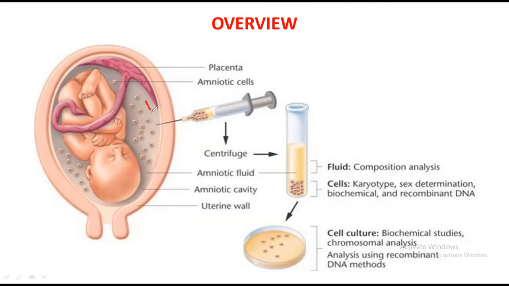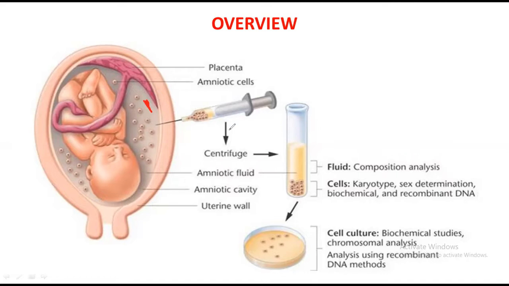We inject a special type of needle inside the woman, and we check the exact area where the baby is present and where we should get the amniotic fluid from.